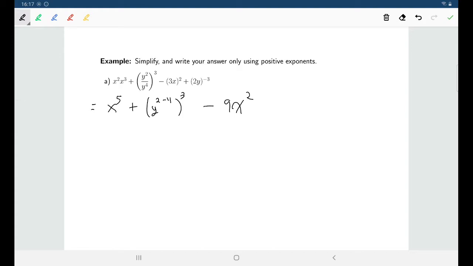And for the last term, 2y to the negative 3, that's the same thing as 2y to the positive 3 in the denominator. All right, so just a little bit more work to do here. We have the y to the 2 minus 4, that's y to the negative 2.